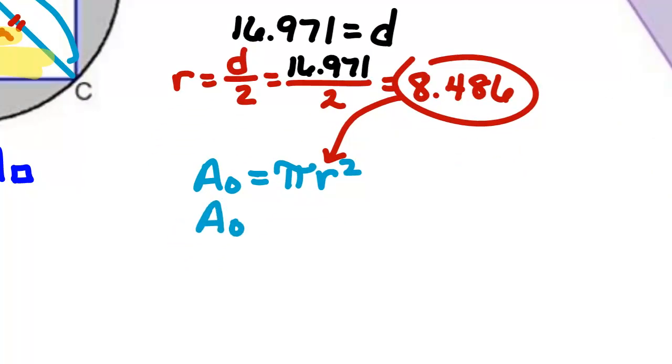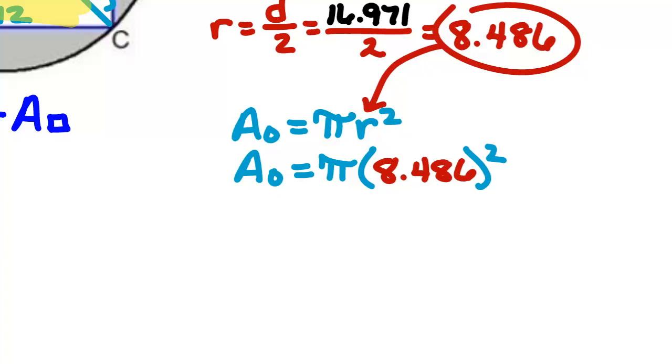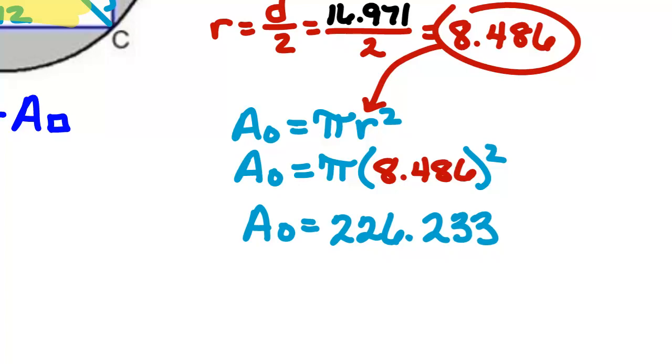So area of my circle is equal to pi times 8.486 squared. Now I can grab my calculator and type that in. For the area of the circle, we have approximately 226.233.